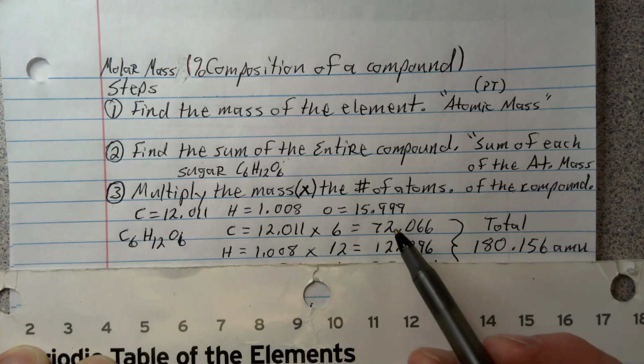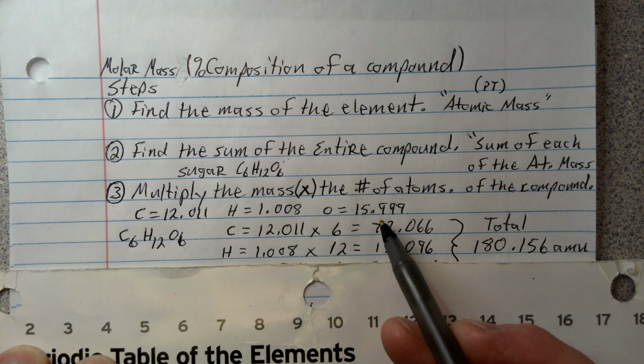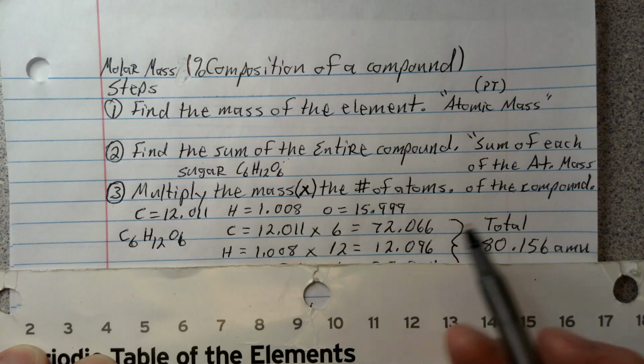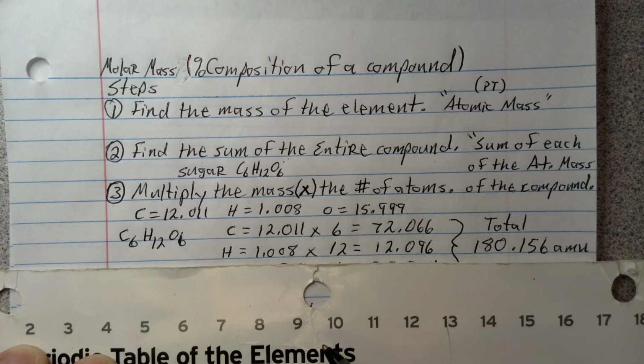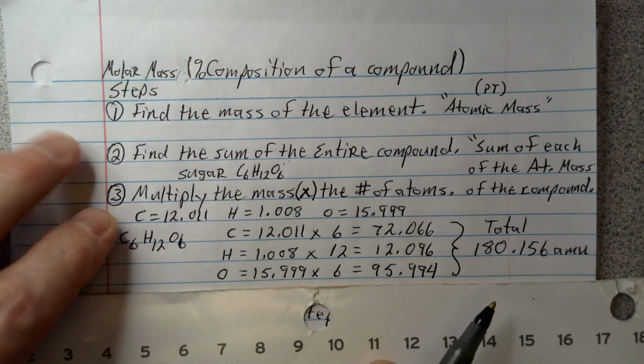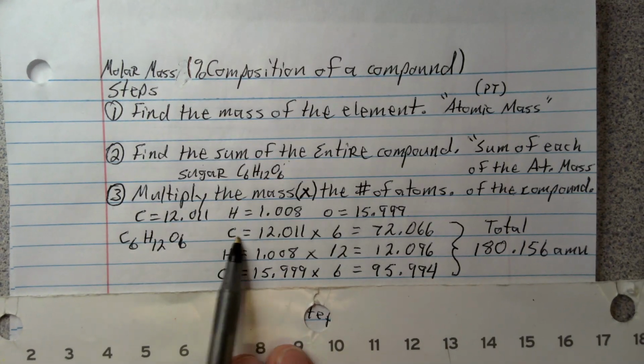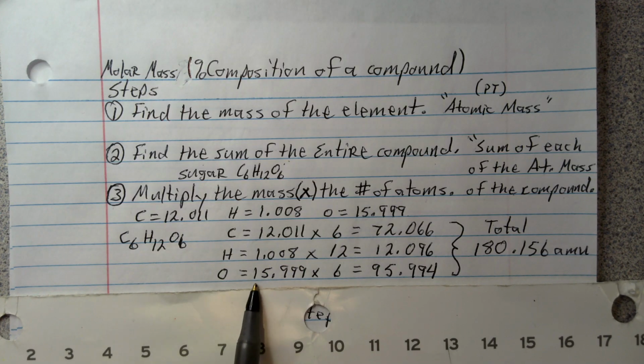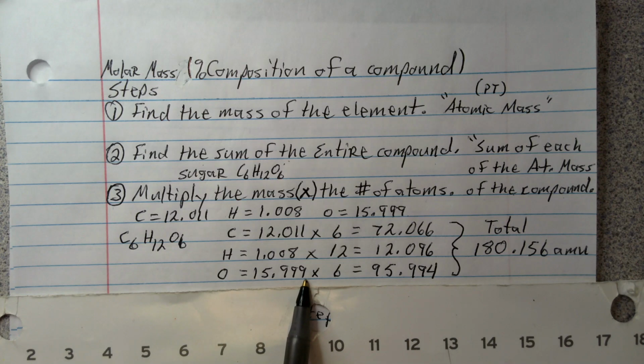Now you'll see some places that will actually round this up, and they'll just put down 16 for oxygen. Just kind of depends on the periodic table that you're looking at and what year it was published. You'll notice that over here we're going to put those numbers in. Carbon is here, hydrogen is 1.008, and oxygen is 15.999.